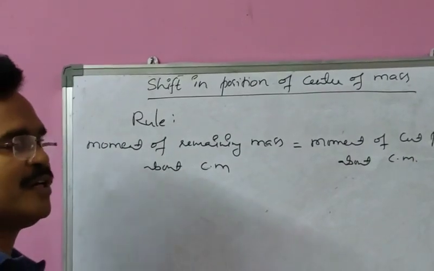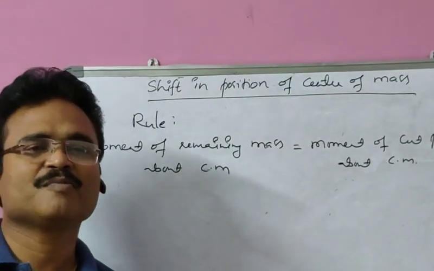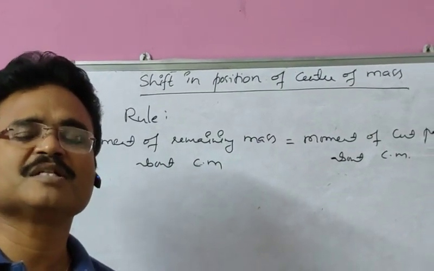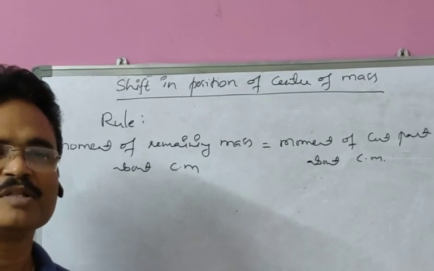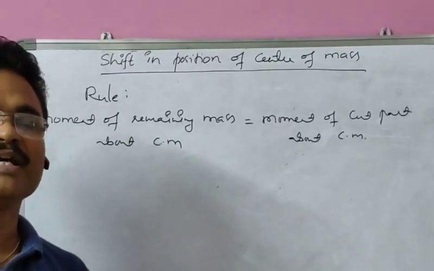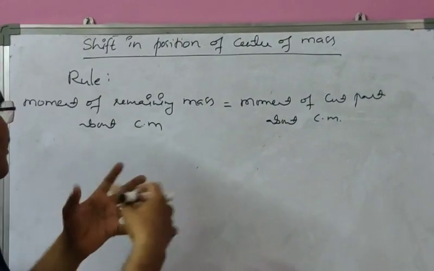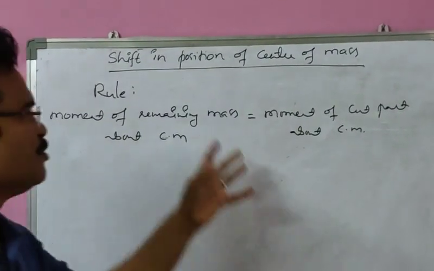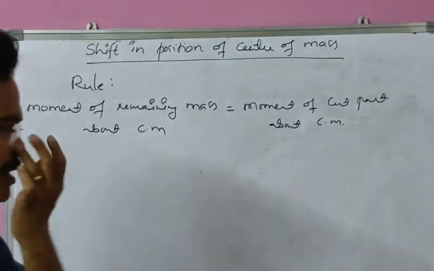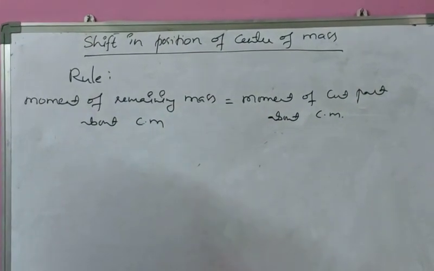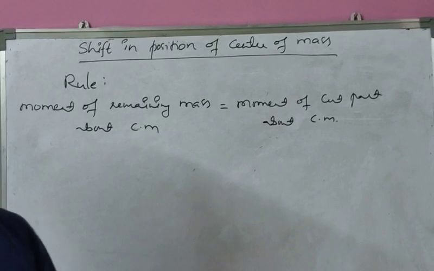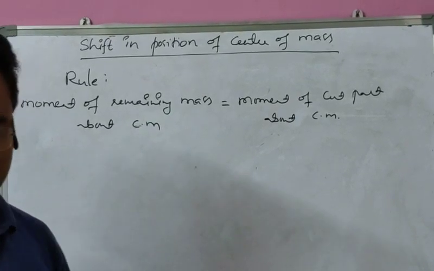This rule actually follows from the algebraic sum of moments of all the masses about the center of mass being zero. So this is the actual rule, and we have made it convenient for us: moment of remaining mass about center of mass equals moment of cut part about center of mass. By using this relation, we are going to find the shift in position of center of mass.